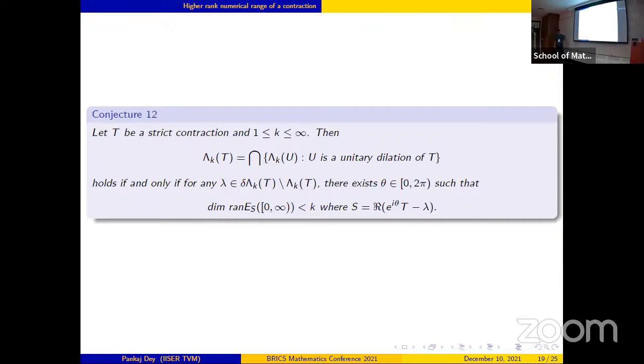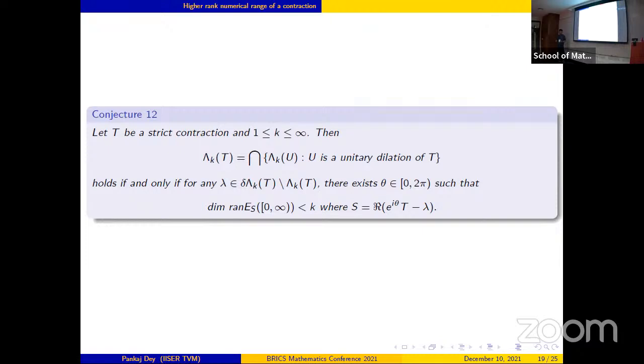Now for a normal operator, we can use the spectral measure for the condition, but a general T doesn't have a spectral measure. So we'll just use the real part of T in that condition. We have proved that this condition is necessary in the paper, but the sufficiency part we were not able to prove. And the problem lies in the k equal to 1 case.